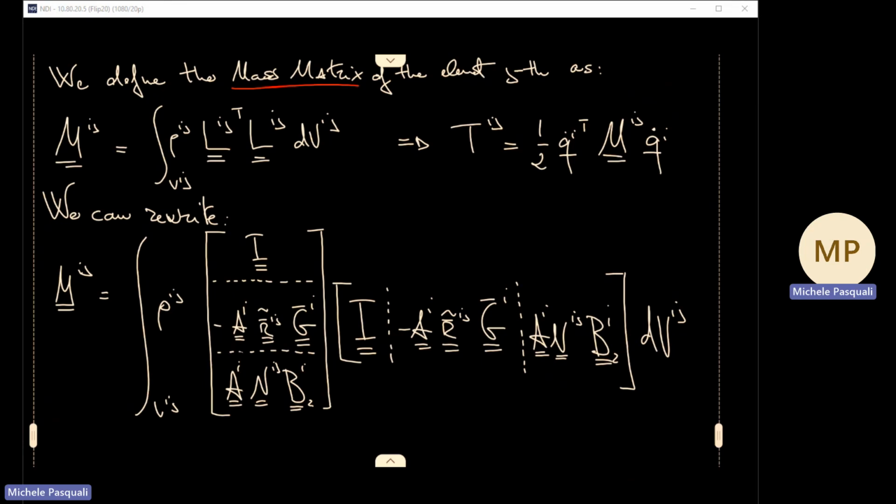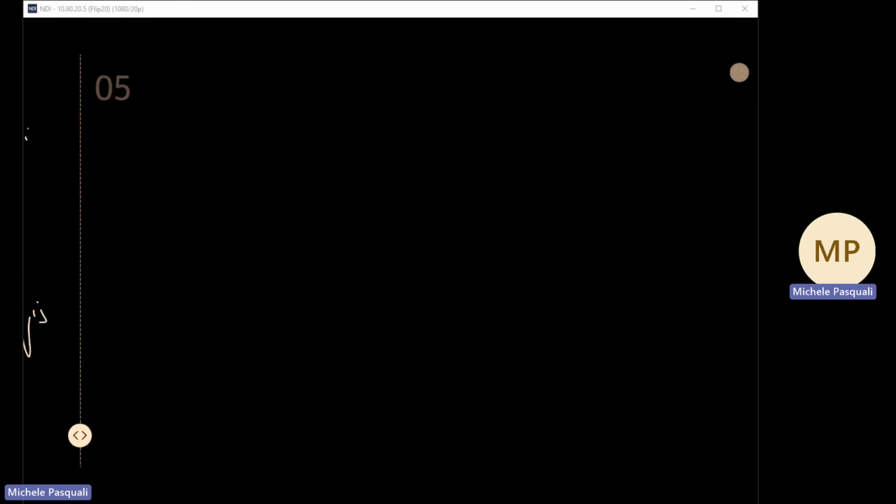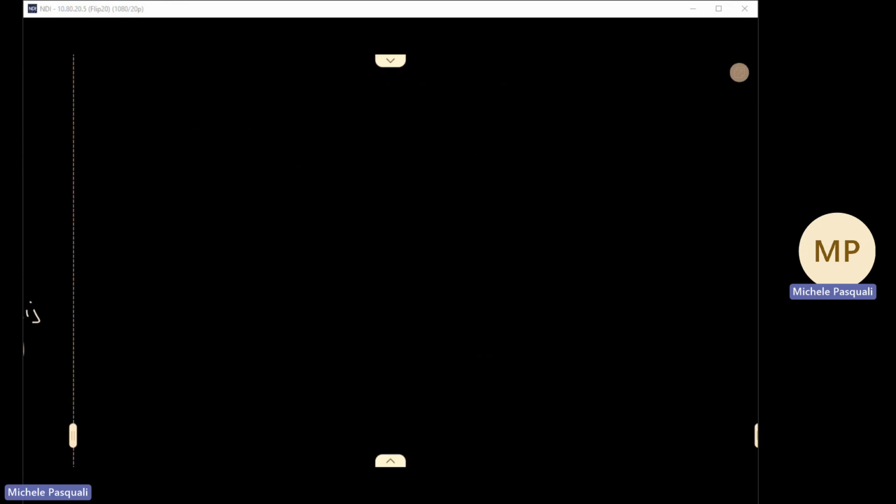Okay, so the interesting thing that we're going to see here, why are we going to go through this again? Well, first of all, because it's not really the same thing as before, even if formally it is. But what I would like to show you now, if I have enough time, is how the adoption of the finite element method, with the shape functions, affects the construction of the system.